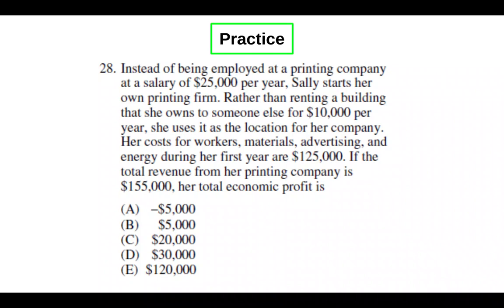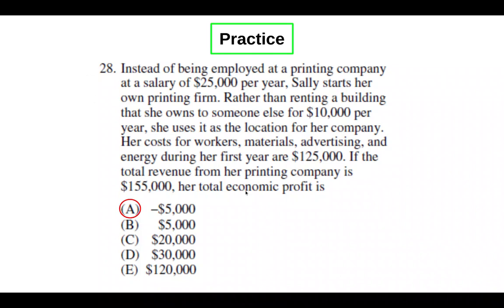So go ahead and look over the question, and then we'll go over the answer. So the correct answer here is going to be A, negative $5,000 or a loss of $5,000. So how do we get this? Well, in a question like this, the first thing I look for is the total revenue. So that's 155,000.